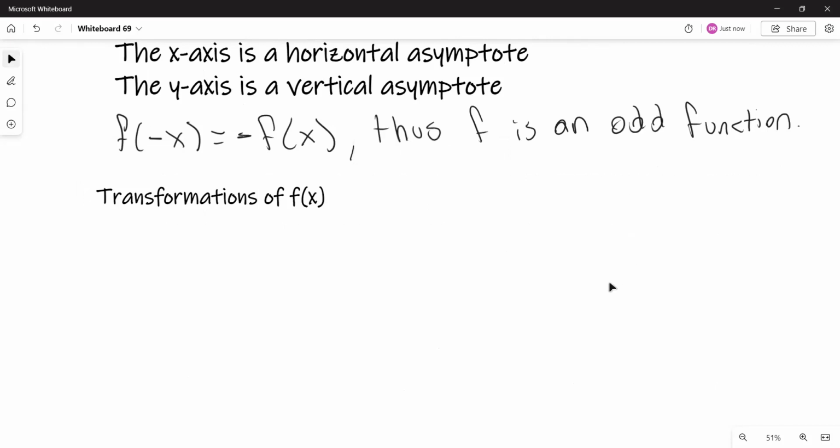I'm going to go over example 1, that's on page 362.